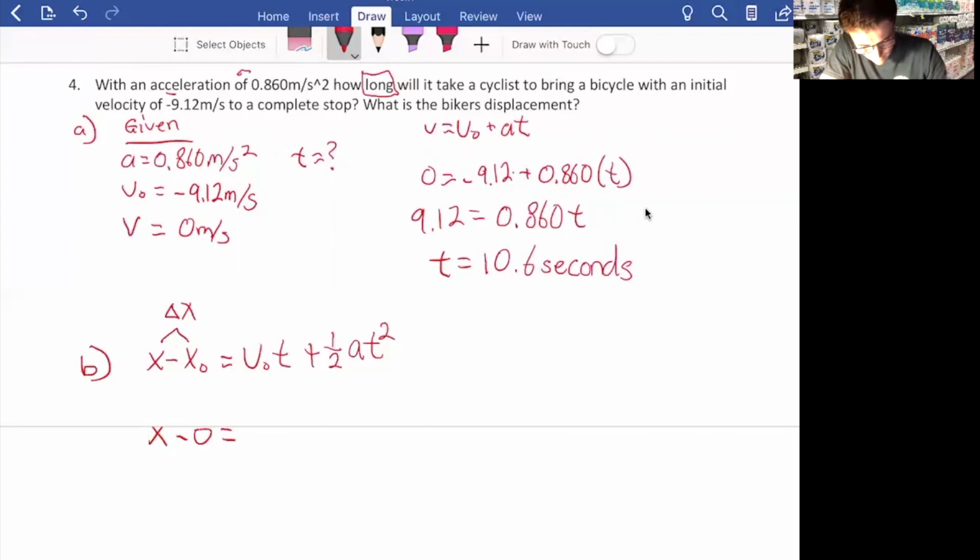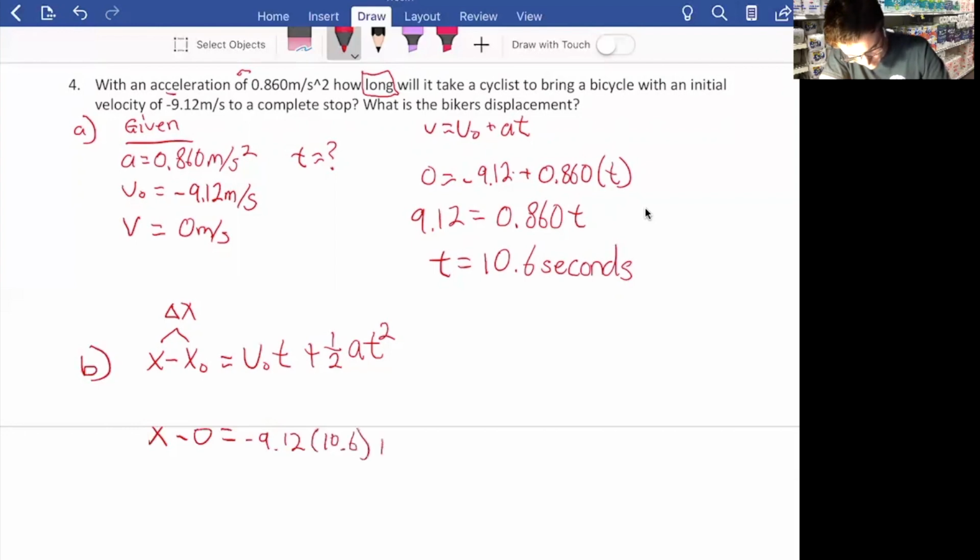And then the initial velocity, same thing, we got negative 9.12, and the time is 10.6.